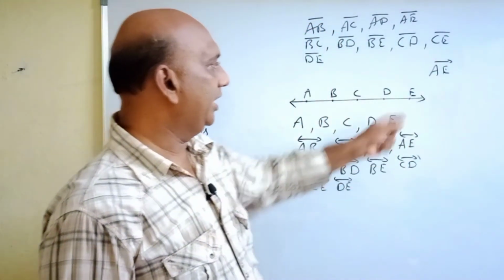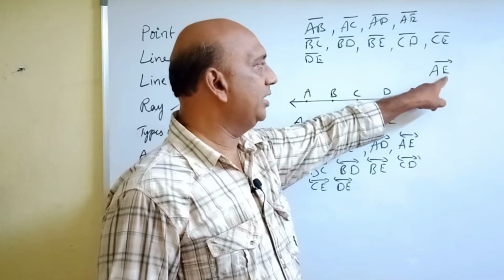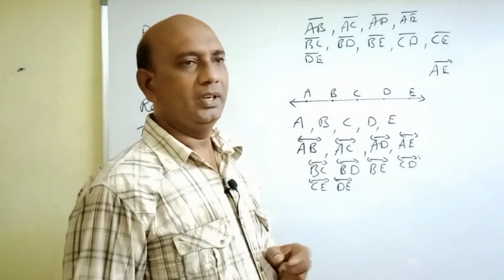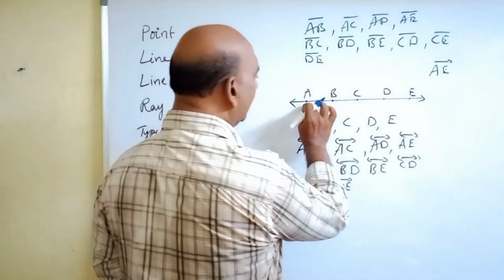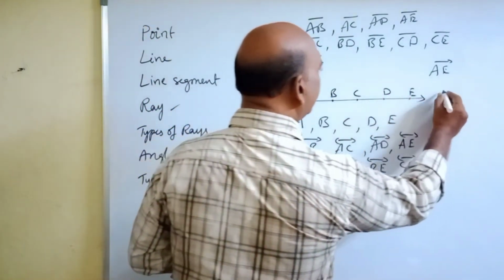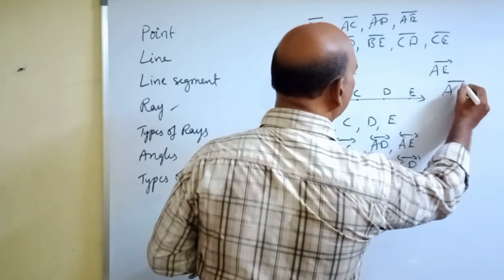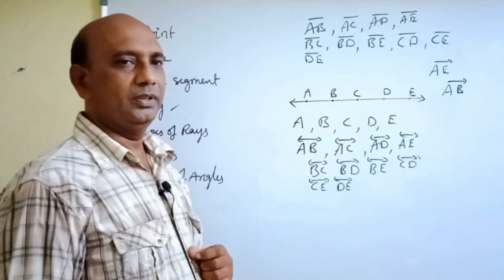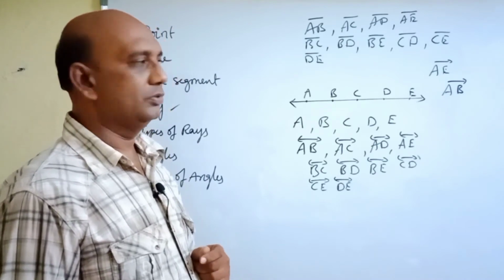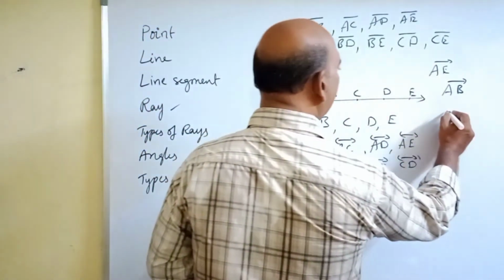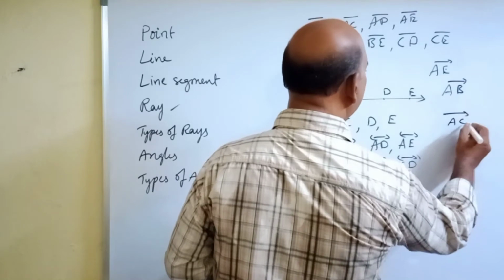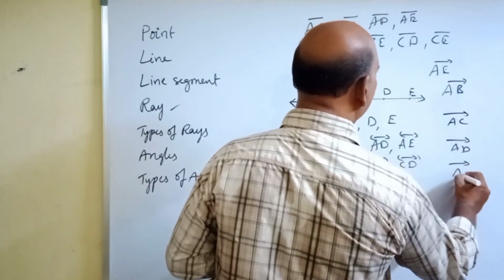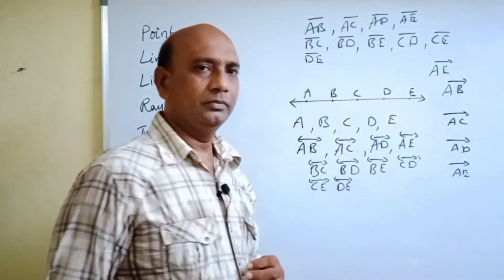That means A is the endpoint, and it is extending towards E. So it is indicated by AE. We can write another ray also, AB. A will be the endpoint and it is extending towards B. We can indicate like that also. So ray AB and ray AC and ray AD, ray AE, like that.